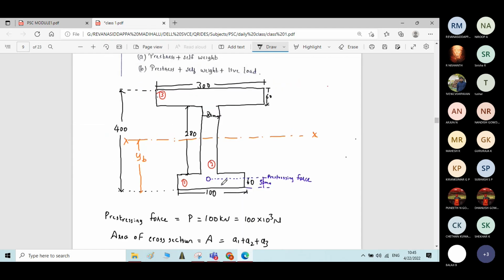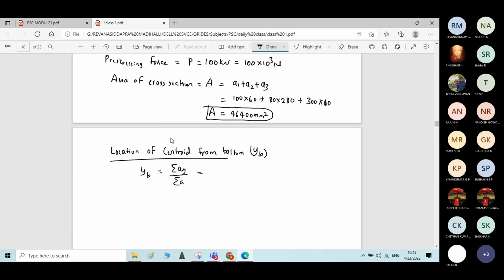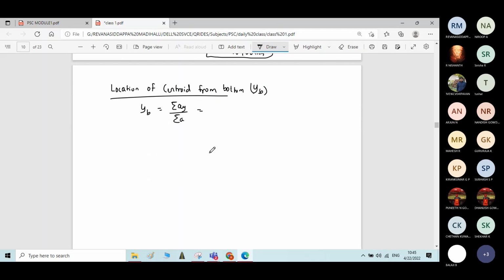Here we have total 3 components. So if we expand this formula, it will be A1Y1 plus A2Y2 plus A3Y3, whole divided by A1 plus A2 plus A3.